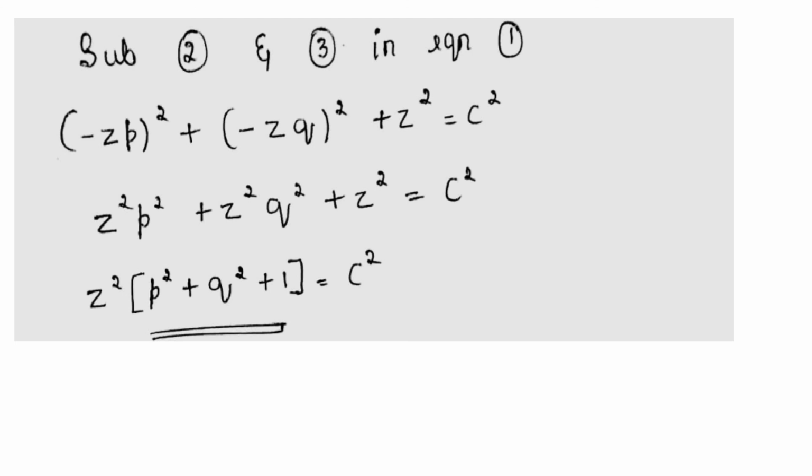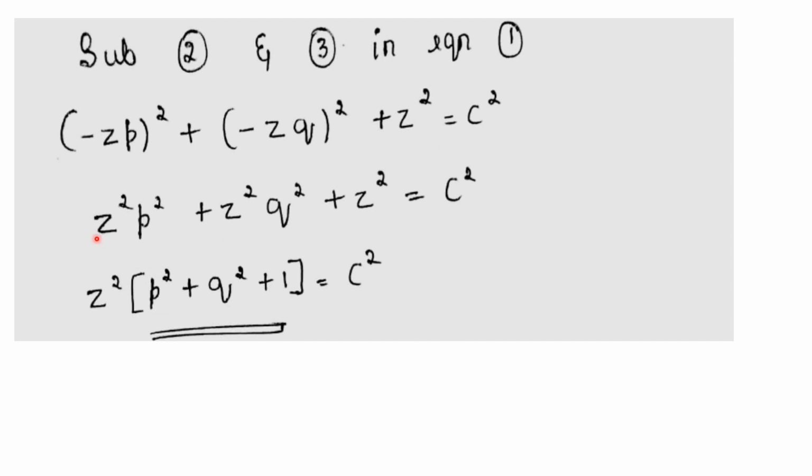So next step we have to substitute equation 2 and equation 3 in equation 1. In the place of x minus a the whole square, I have replaced it by the RHS of equation 2, that is minus zp the whole square, plus y minus b the whole square is minus zq the whole square, plus z square will remain as it is, equal to c square.